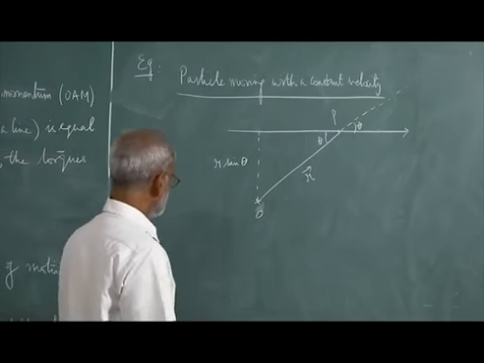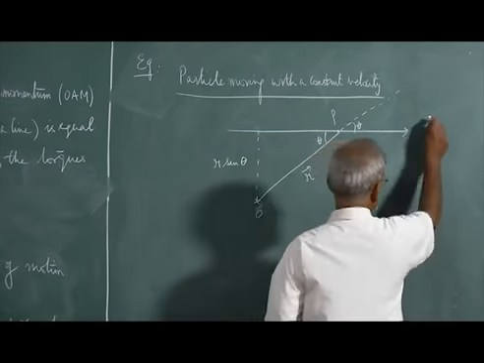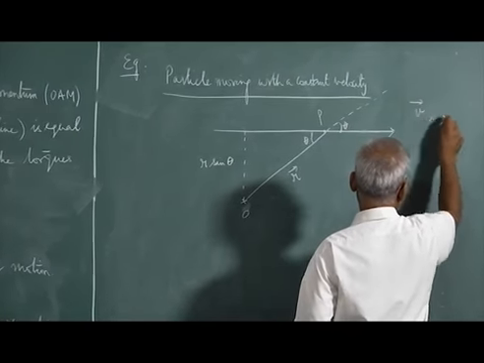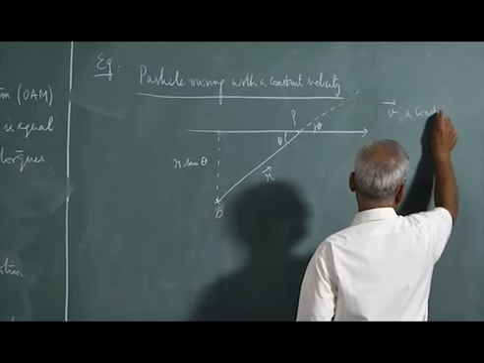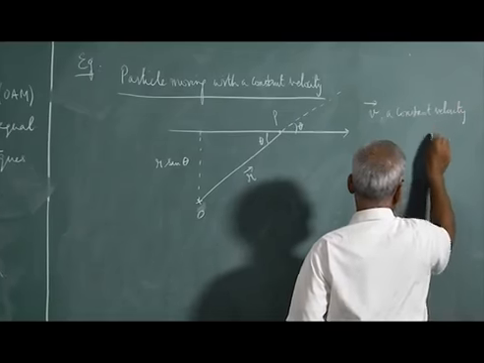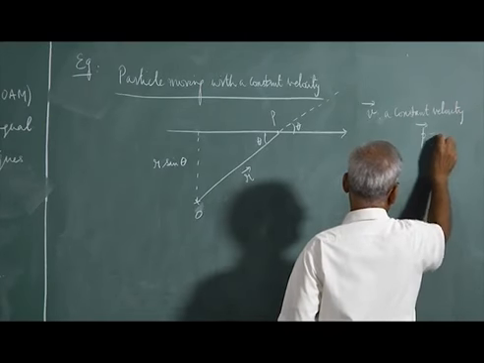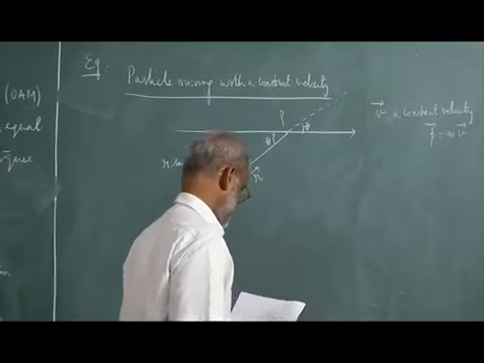Alright. So, the description is like this: a particle is moving with a constant velocity v. Therefore, its momentum is m into v, that is fairly simple.